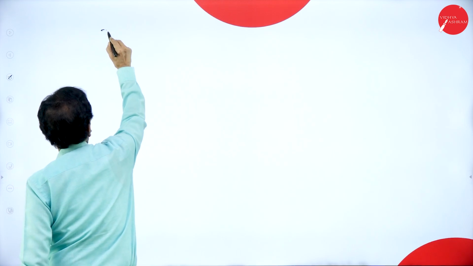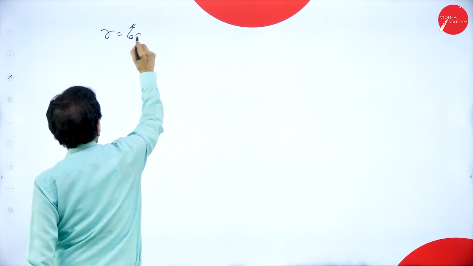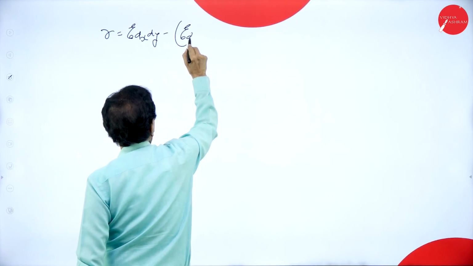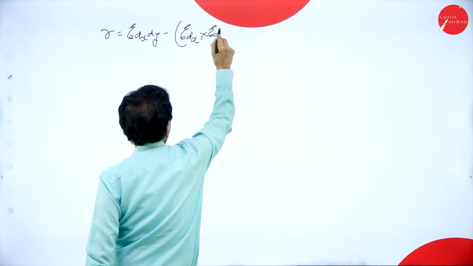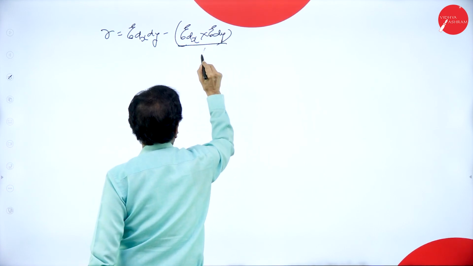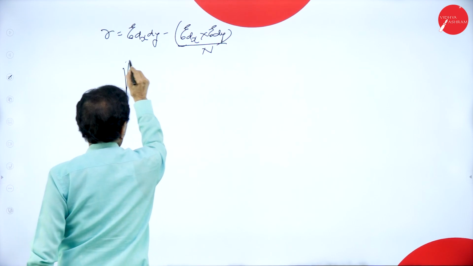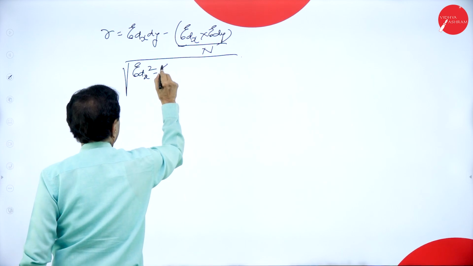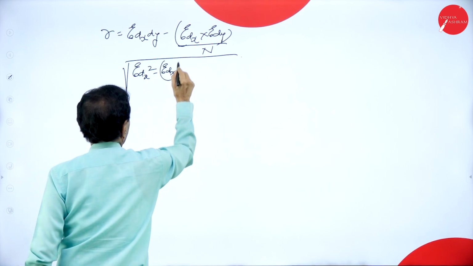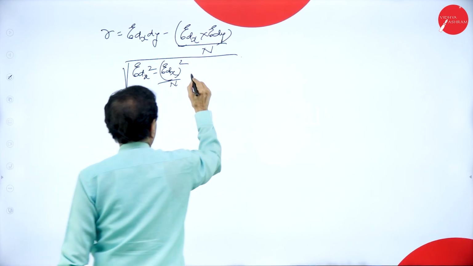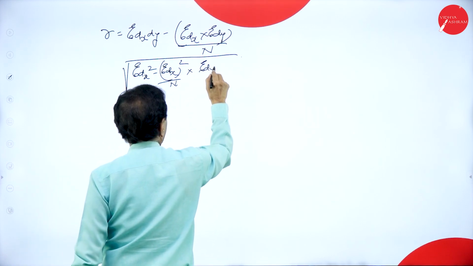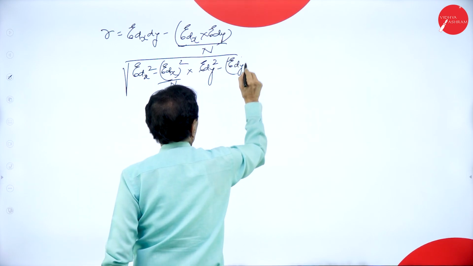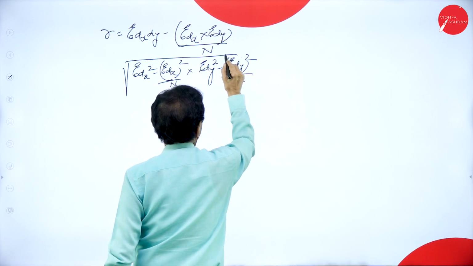R is equal to sigma dx dy minus sigma dx sigma dy divided by n, divided by root of sigma dx square minus sigma dx whole square divided by n into sigma dy square minus sigma dy whole square divided by n.